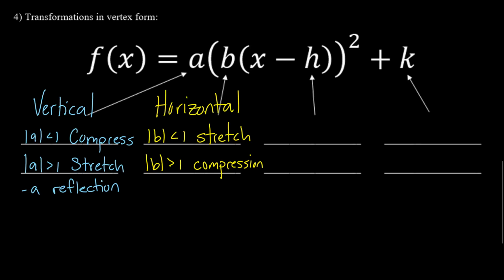Remember, you take the reciprocal. So if a B value of 2, it'd be a horizontal compression by 1/2. Okay? It's backwards. And also, negative B is a reflection over the y.